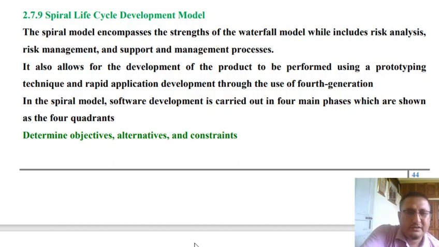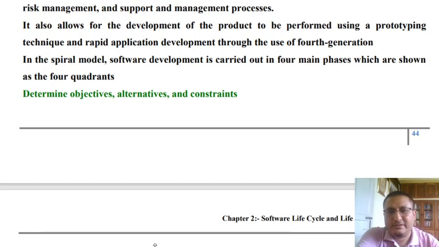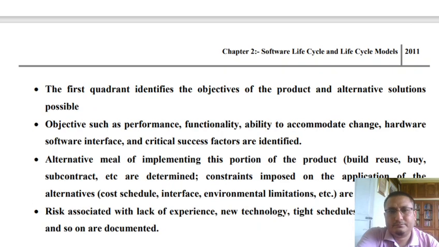Now, the first phase, as it is given here, is determine objectives, alternatives, and constraints. What we tend to do is identify all the functional and non-functional objectives that are required from the system. So the first quadrant identifies the objective of the product and the alternative solutions possible.